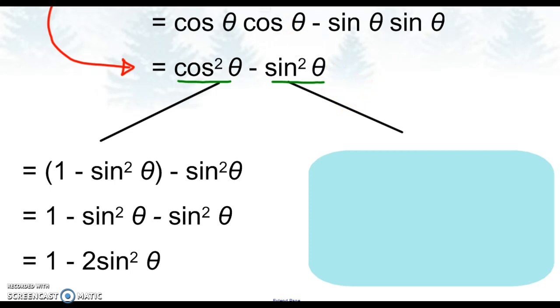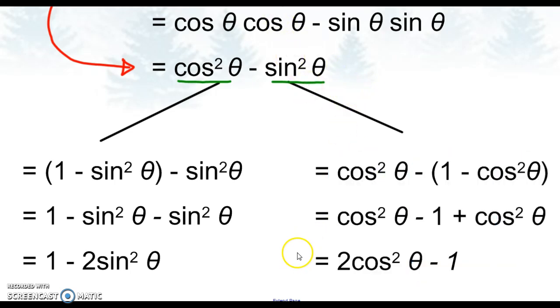And likewise, I can also sub in for sine squared of theta if I want. So I have cosine squared theta minus 1 minus cosine squared theta, which means I have to distribute my negative. And I get cosine squared theta minus 1 plus cosine squared theta. Collect your cosine squareds, and it's 2 cosine squared theta minus 1.